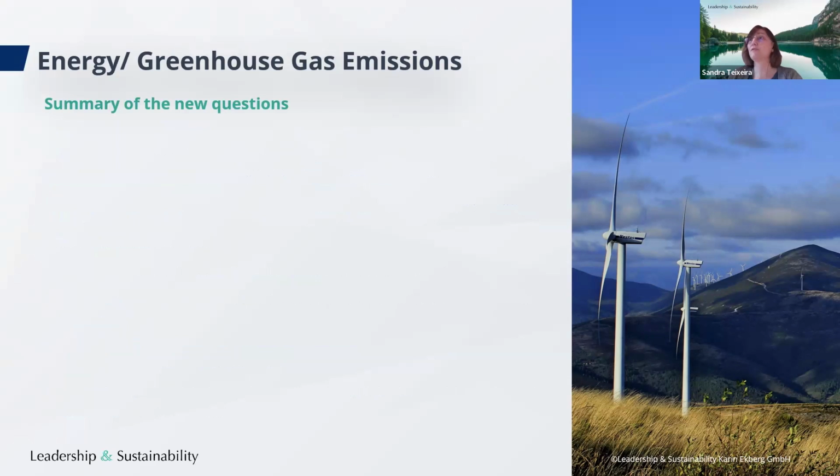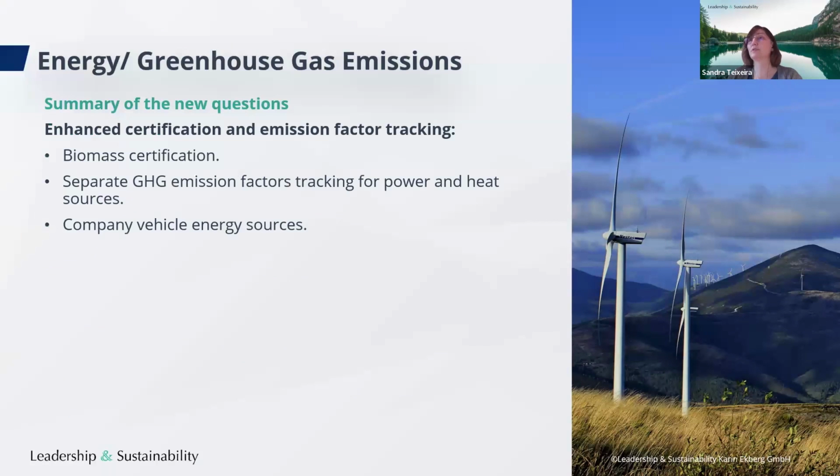Having a summary or overview of the new questions, or the new adds, from the Cadence 2023, there are questions regarding enhanced certification and emission factor tracking, like the biomass certification, separate greenhouse gas emission factor tracking for power and heat sources, and company vehicle energy sources that should be separated.